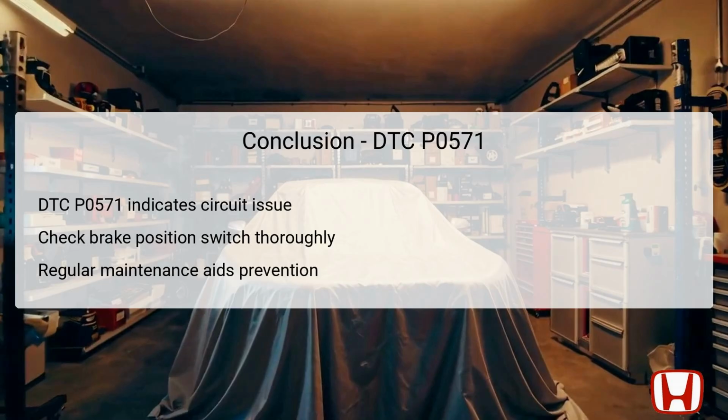In conclusion, DTC P0571 highlights a critical malfunction in the brake pedal position switch circuit. Understanding the role of the brake pedal position switch is vital for diagnosis and repair, as it is integral in controlling brake lights and ensuring safety.